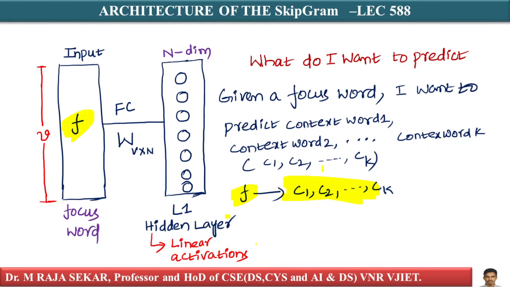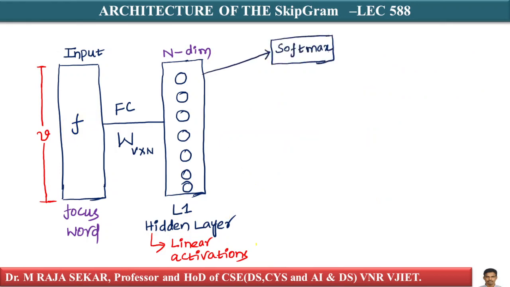From this input, I will connect to softmax here. This is softmax. I wanted it to output C1. Let me say the output of softmax is C1.